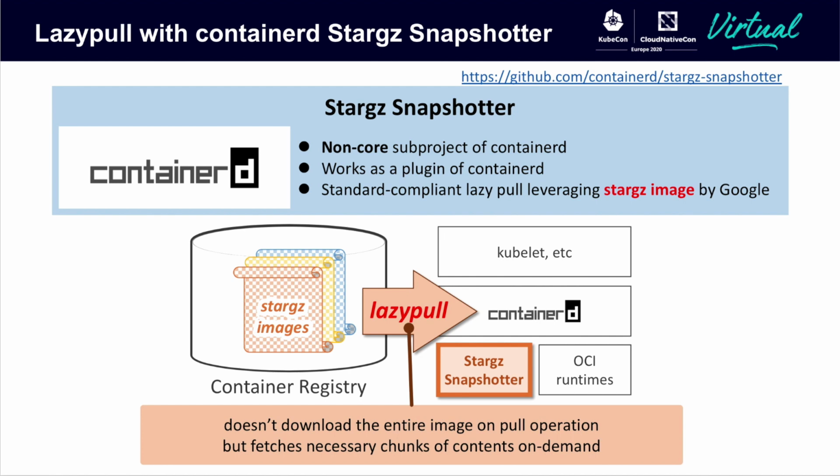It means we can start containers before the entire image contents are locally available, so we can speed up the container startup performance. Lazy-pull in Stargz Snapshotter leverages Stargz image by Google, which is standard compliant, so we can lazy-pull images from standard container registries, including Docker Hub.